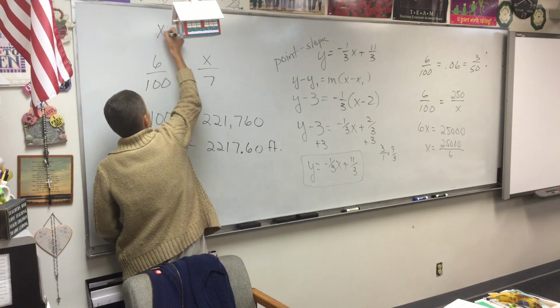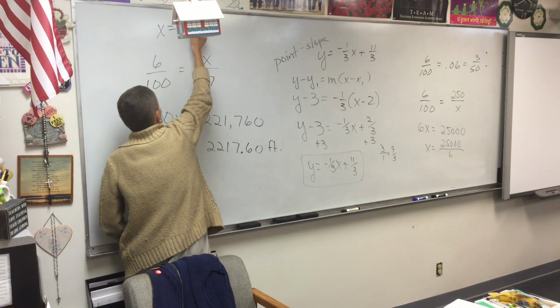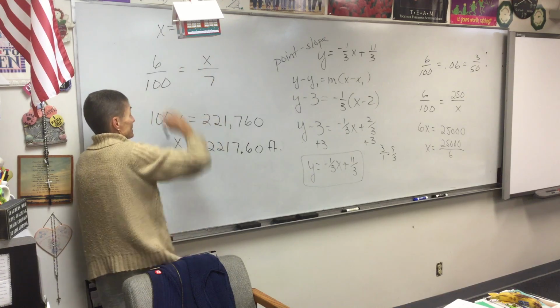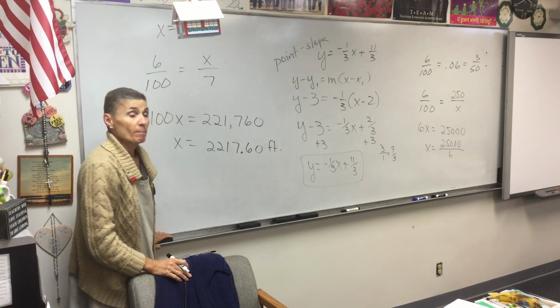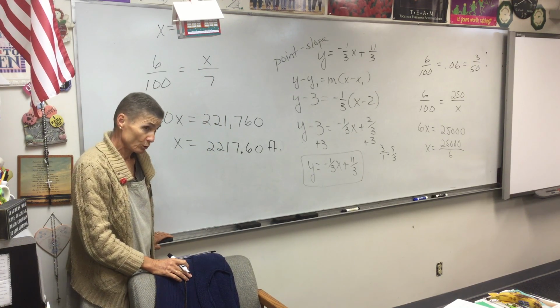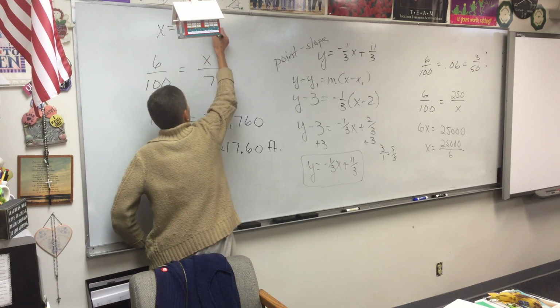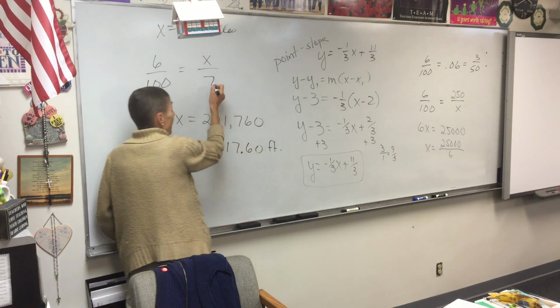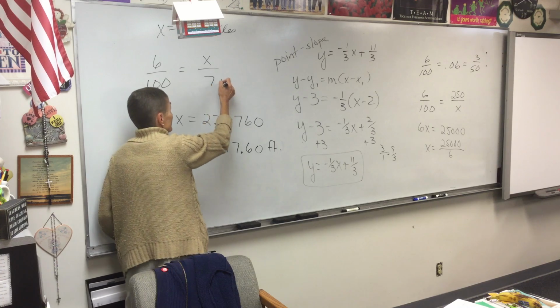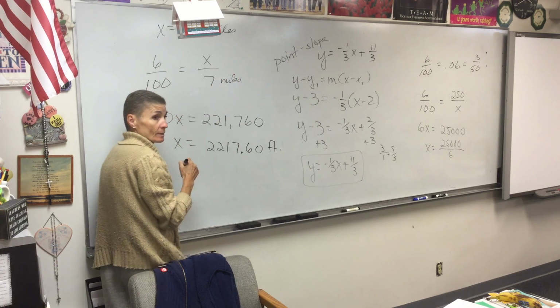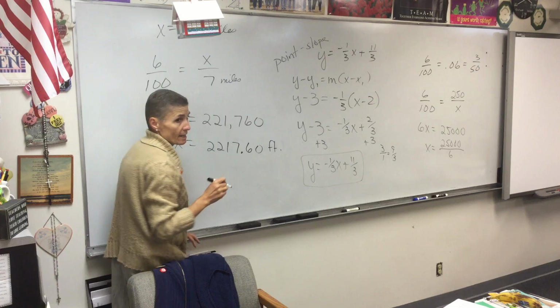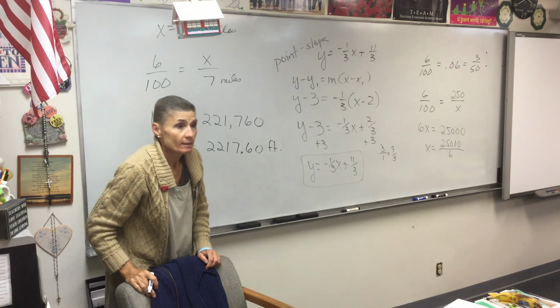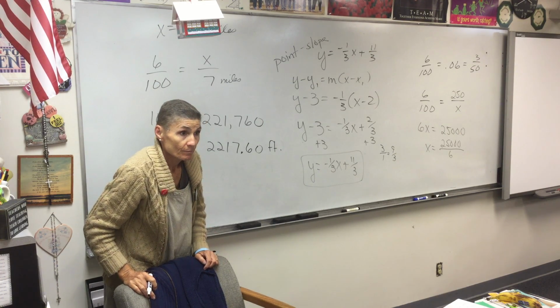So x is going to equal 0.42. If I work that out, x is going to be 0.42. But the unit on that 0.42 is miles, because I put miles in here. This was miles. The question says, answer in feet.